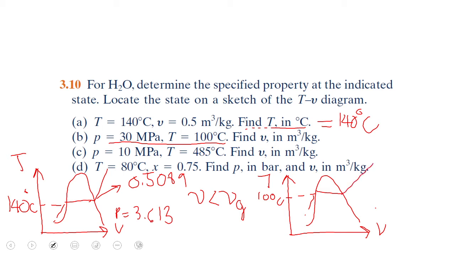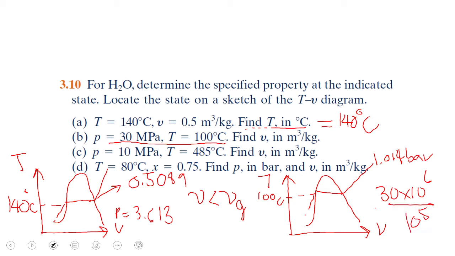So it is upward sloping, and this line is of 1.014 bar. Now line of 30 megapascal. 30 megapascal is how many bars?